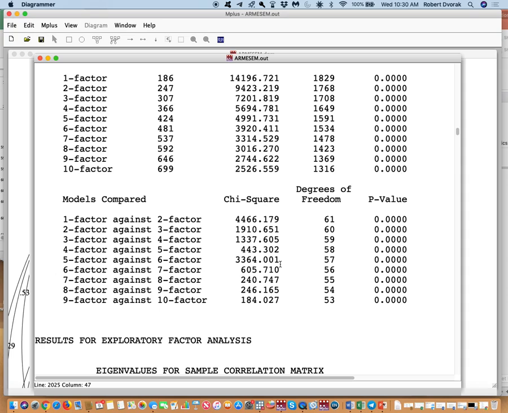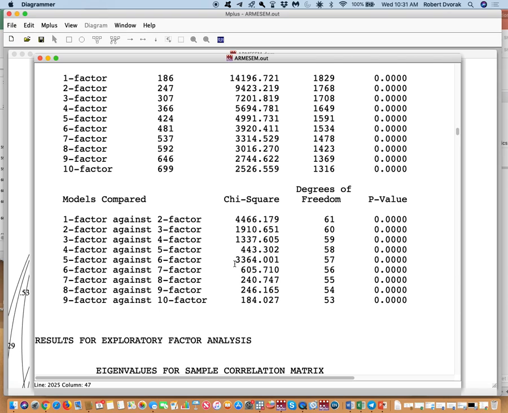No, so the only argument would be that if I move down one more, there's a humongous drop, right? This one, 443, is a big drop. That's a big drop in chi-square. That's not a drop in chi-square for 1 degree of freedom, right? The degrees of freedom change is quite a bit here, right? It's 58 degrees of freedom change by going from this factor to the next factor. 58 degrees of freedom is still very significant for 443, but it's nothing compared to this drop.